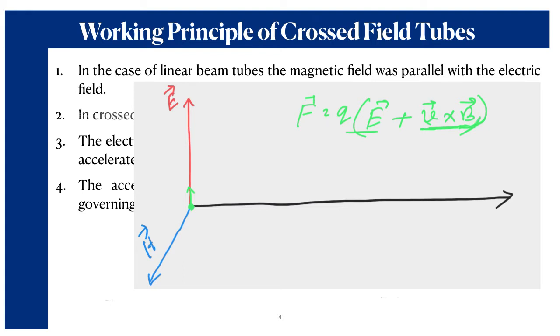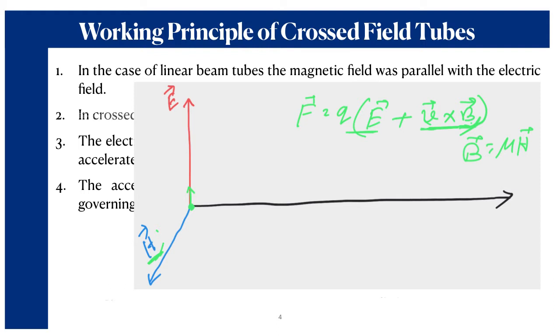Therefore, the direction of the force is perpendicular to the plane containing both the velocity vector and the magnetic field. Here I have represented the magnetic field by H, because we know that B is equal to mu times H. So I have replaced B by H over here.